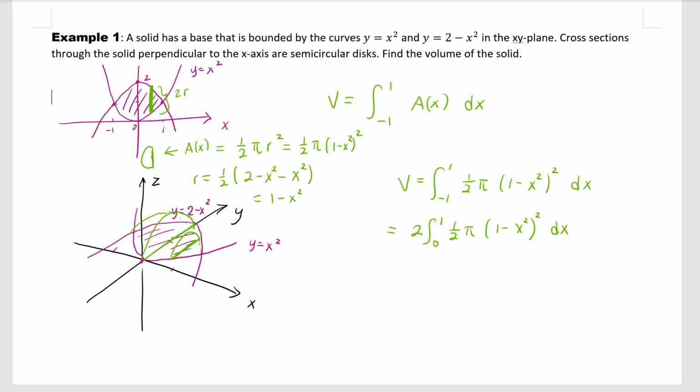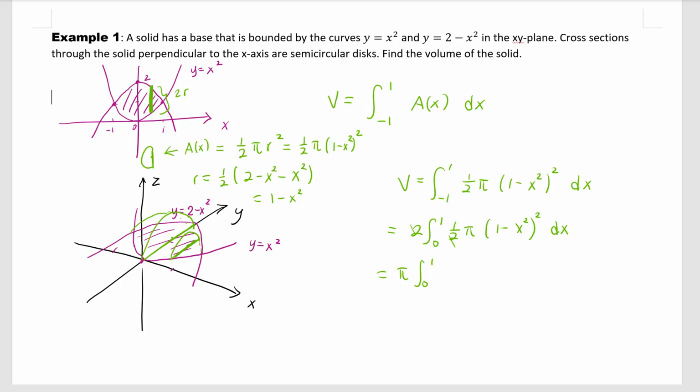Sometimes when we plug in 0 into polynomials, a lot of terms just become 0. So that's why I want to work with the 0. Okay, so if you see the solid is symmetric about the y-axis, it's enough to calculate half of it and then multiply by 2. And furthermore, you see this 2 and this 2 cancel. So we get pi times the integral from 0 to 1 of this guy.